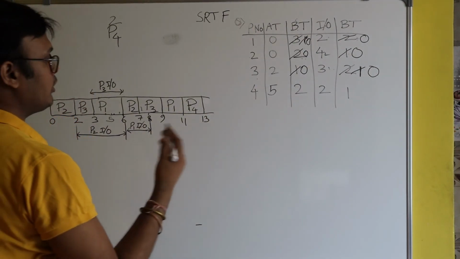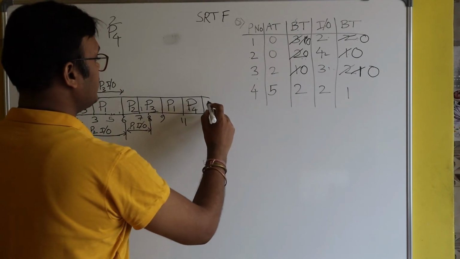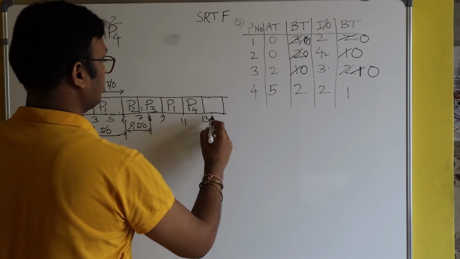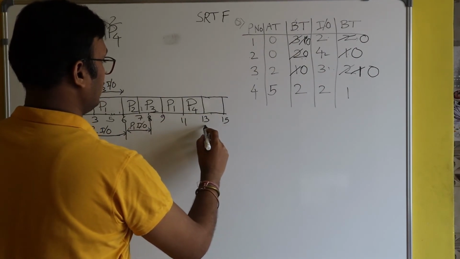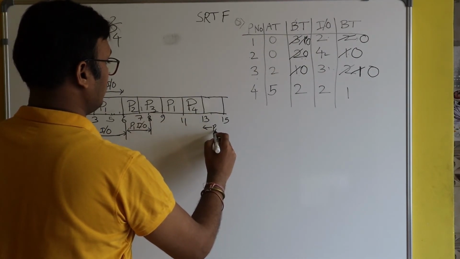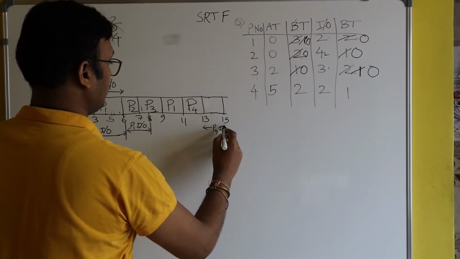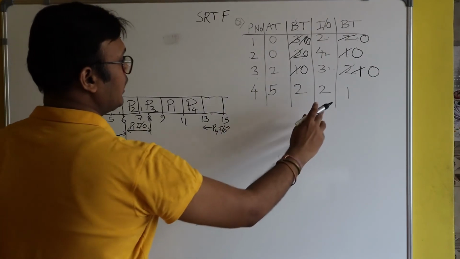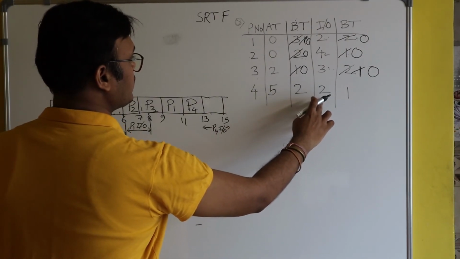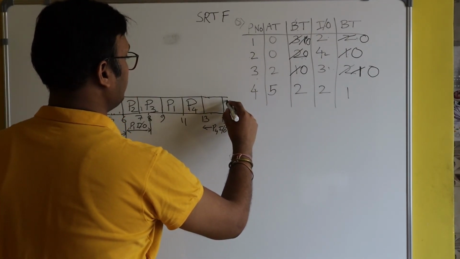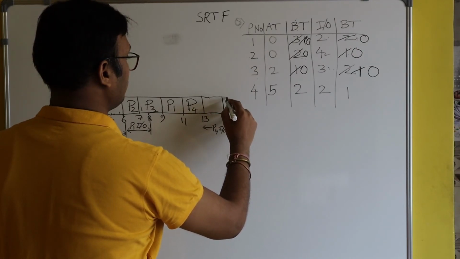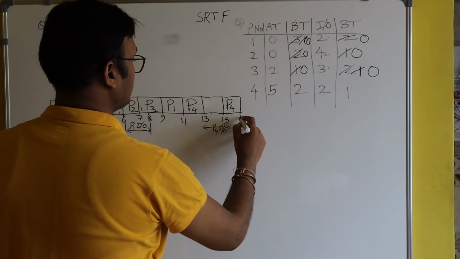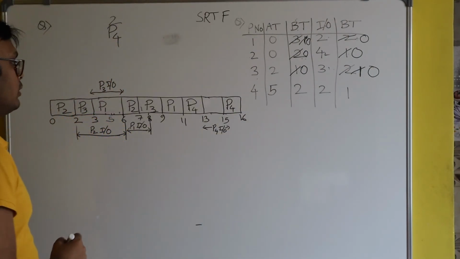After that, process P4 will be busy with its IO for 2 seconds, 13 to 15. And after finishing its IO, the CPU will again be given to process P4 for the remaining 1 second.